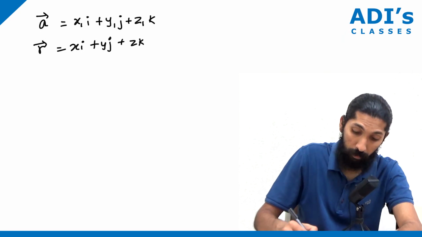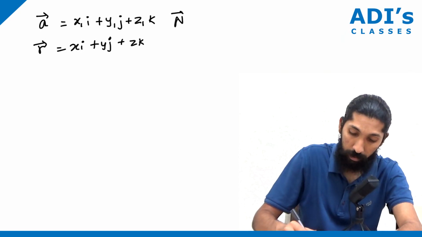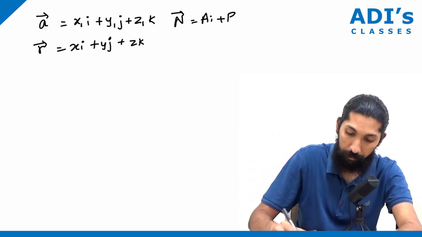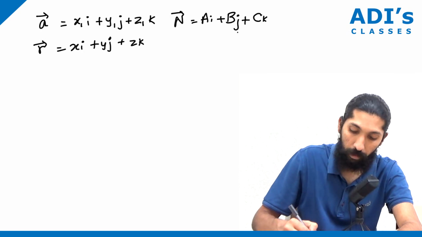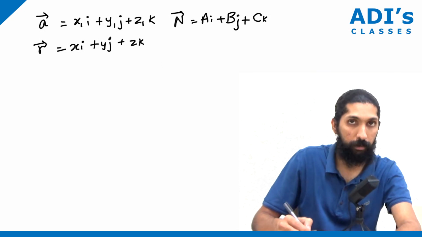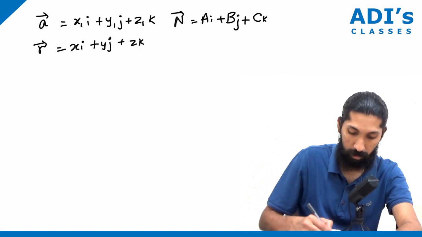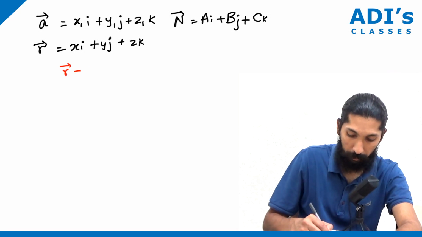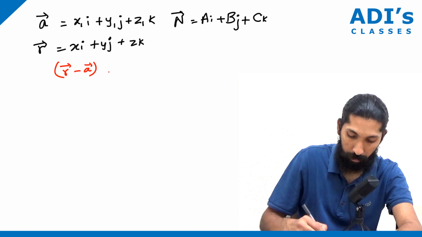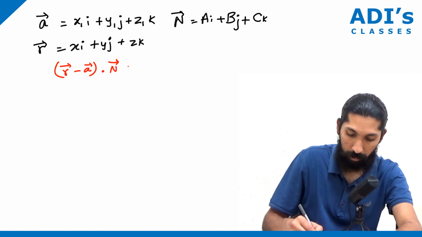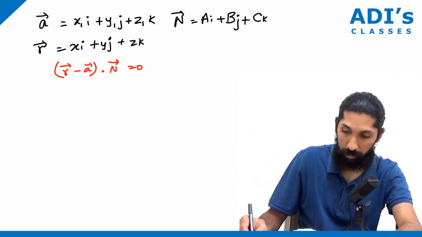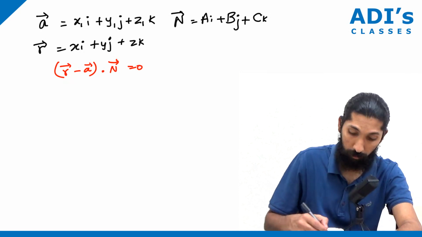Now vector n, let's call it capital A into i plus capital B into j plus capital C into k, that is Ai plus Bj plus Ck. What is the formula we have learned just now? (R minus A) dot n is equal to 0.